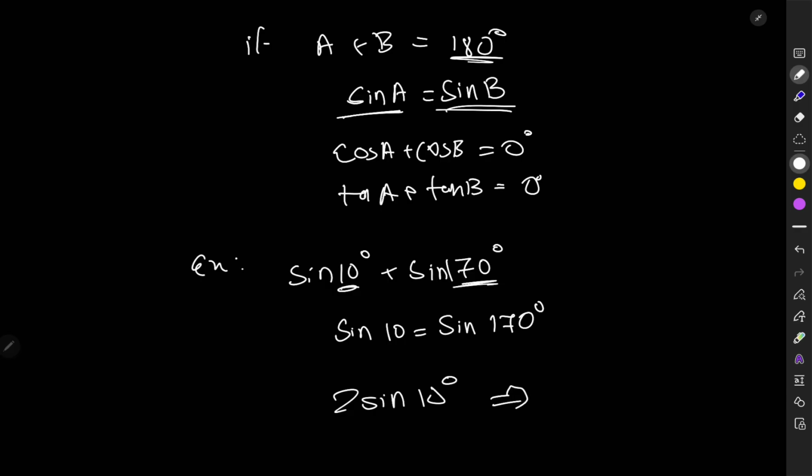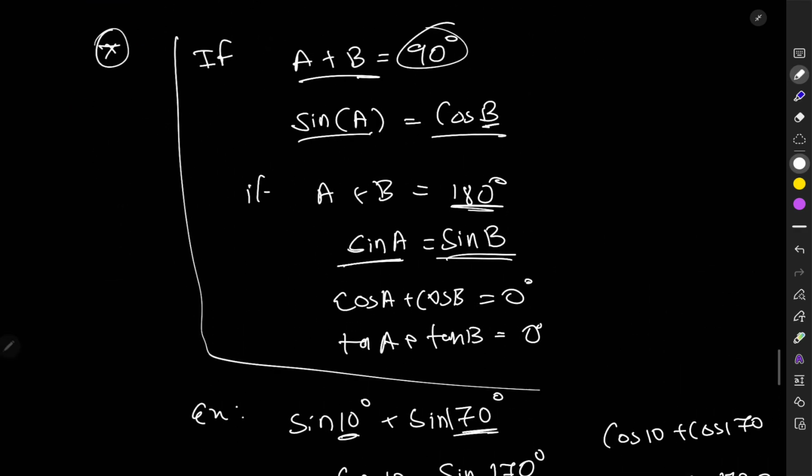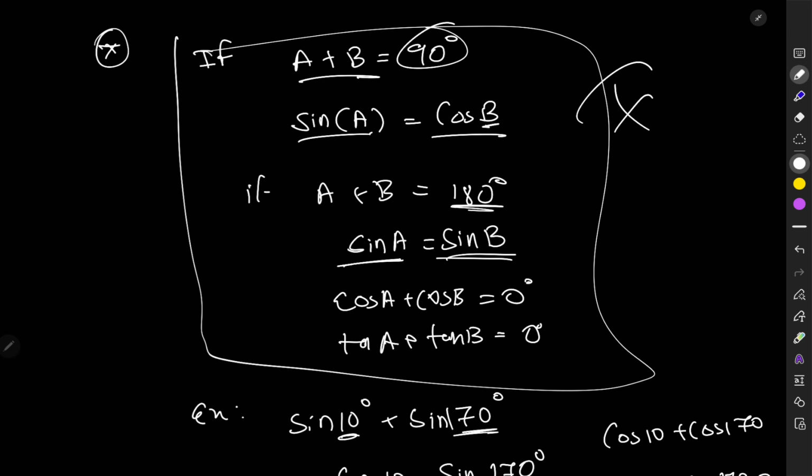As simple as it is. And if cos 10 plus cos 170 is there, what will you tell? Cos 10 plus cos 170 is basically equal to 0. I hope you can understand this, but this is very important. You must remember this.